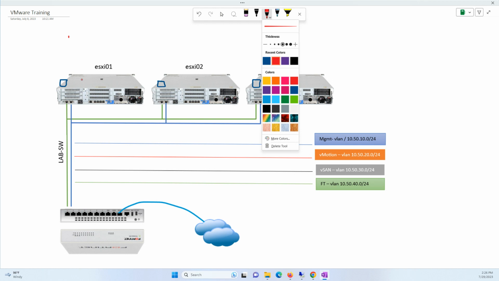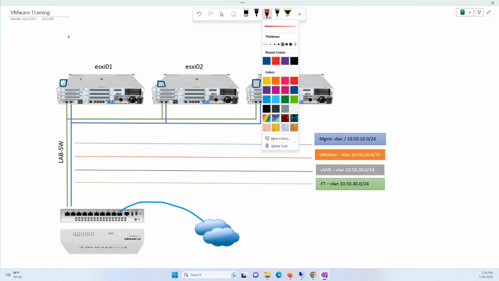But I won't cover it because you will need special hardware, special components for that. I've already made a lab using the latest technology of vSAN, but we will use the normal one, the oldest one, if you want.